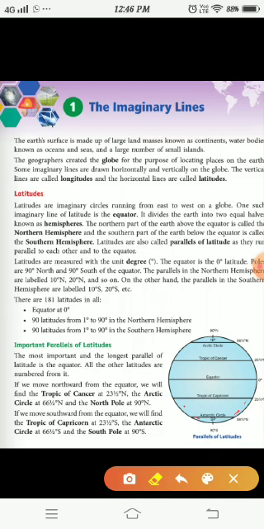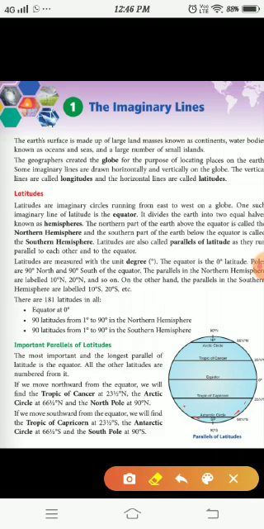The parallels in the northern hemisphere are labeled 10 degrees north, 20 degrees north and so on. These are the degrees labeled on the globe. On the other hand, the parallels in the southern hemisphere are labeled 10 degrees south, 20 degrees south.